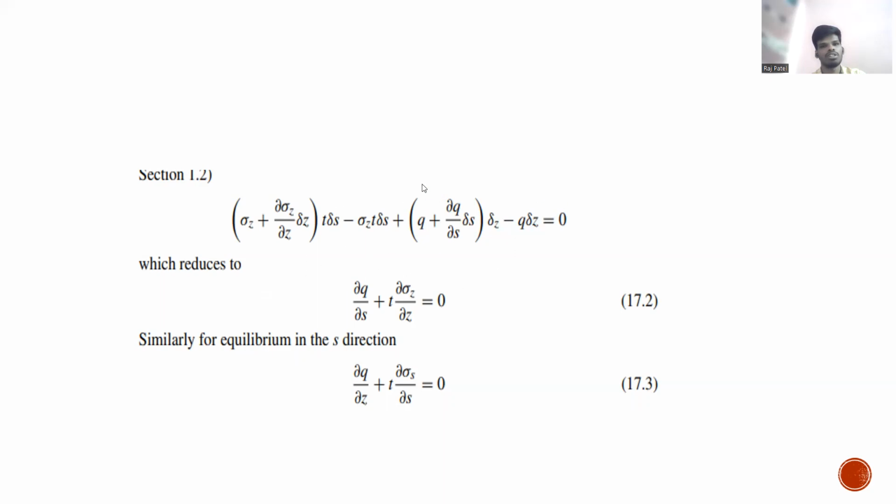Here t is the thickness, q is the shear flow, sigma z is the direct stress, and z is with respect to the plane axis.